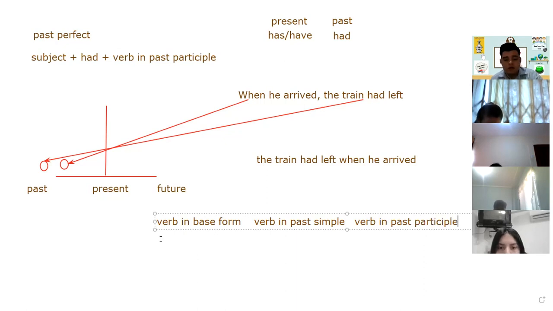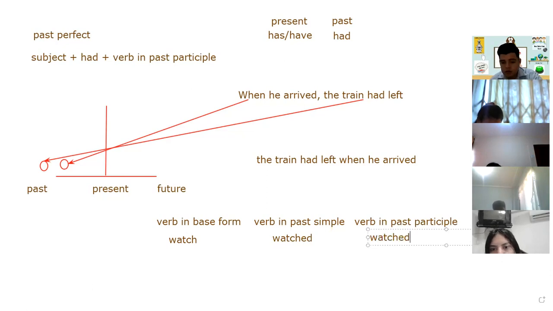Okay? So verb in base form, for example, watch; verb in past simple, watched with ed; and verb in past participle, watched, using, yes, of course, again, ed.